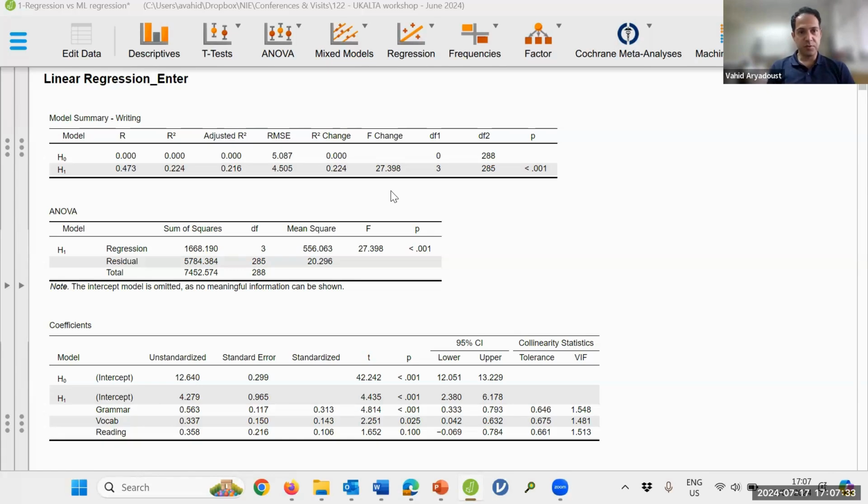Does anyone like to answer? Okay, so let me get this. R-squared is different from the adjusted R-squared in the sense that the adjusted R-squared is adjusted for the complexity of the model, meaning that it's adjusted for the number of predictors.